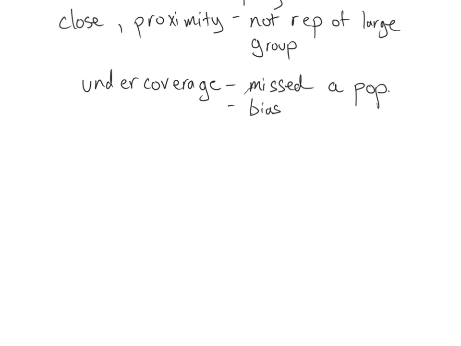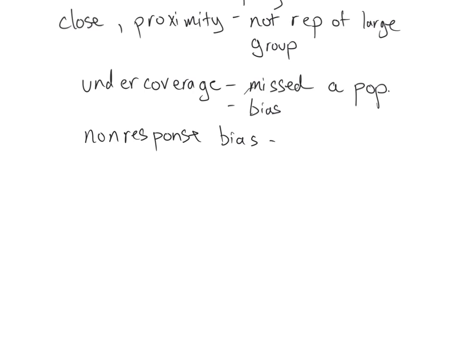Next is also non-response bias. Non-response is just those ones that didn't respond. So those people that don't respond, that is a bias that you have to incorporate into your data, right?